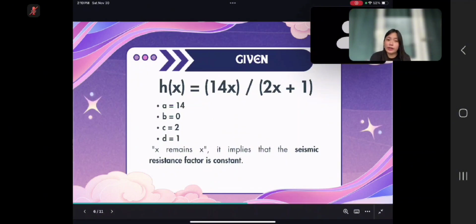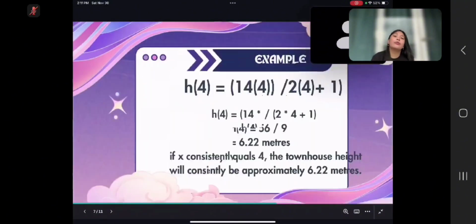That's why it's only 14x instead of 14 times the quantity x plus b. If x remains constant, it implies that the seismic resistance factor is constant. So it depends on the seismic resistance, the value of x.